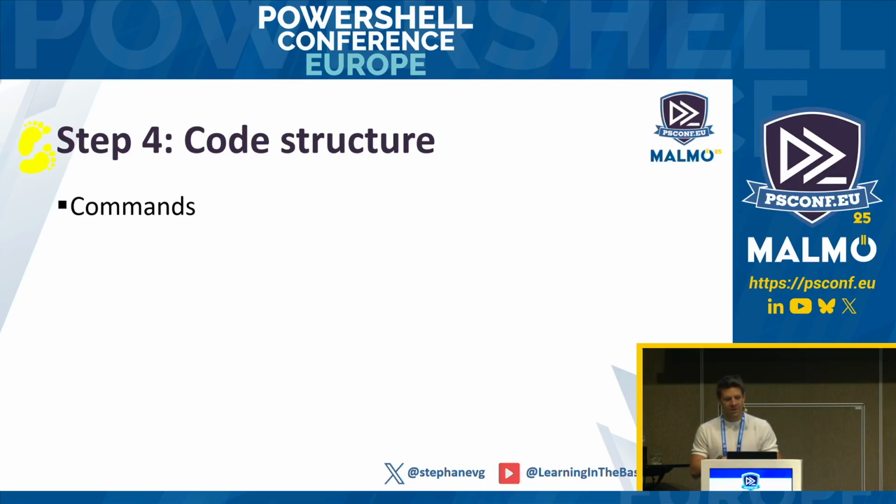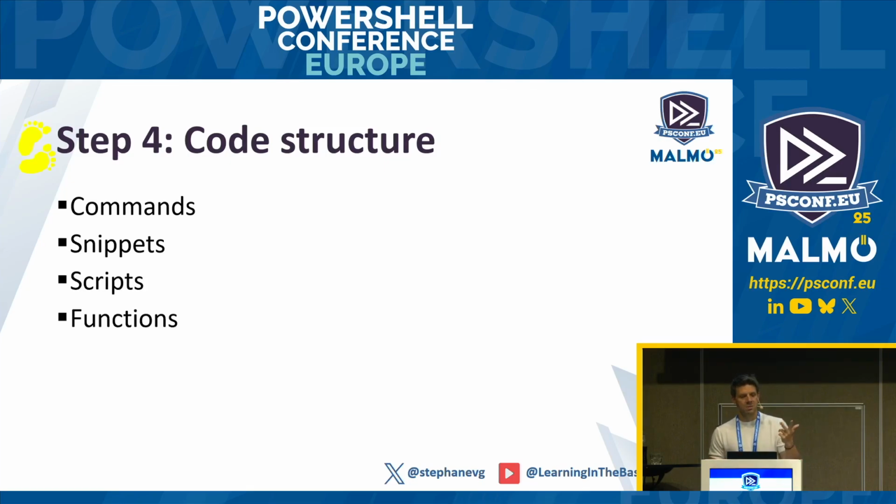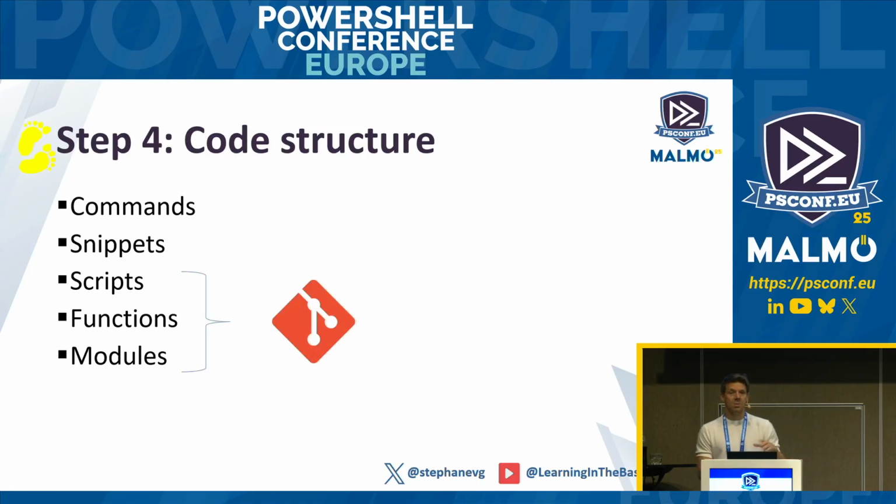When we look at PowerShell, it can be, in my opinion, divided into commands, snippets, scripts, functions, and modules, right? Not everything has to be in a Git repository, but at a minimum, I think scripts, functions, and modules should be.